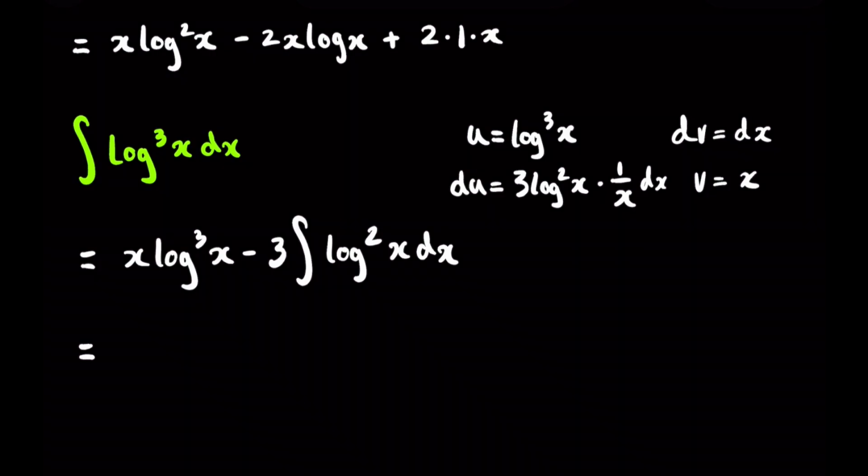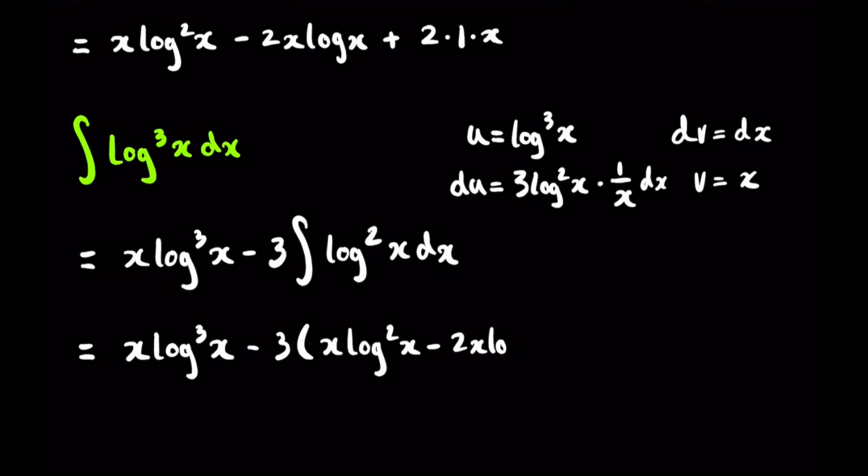And so we have x times log cubed of x minus 3 times x log squared of x minus 2x log x plus 2 times 1 times x.